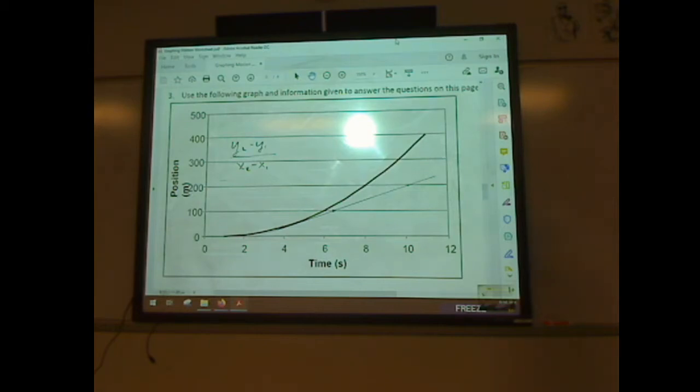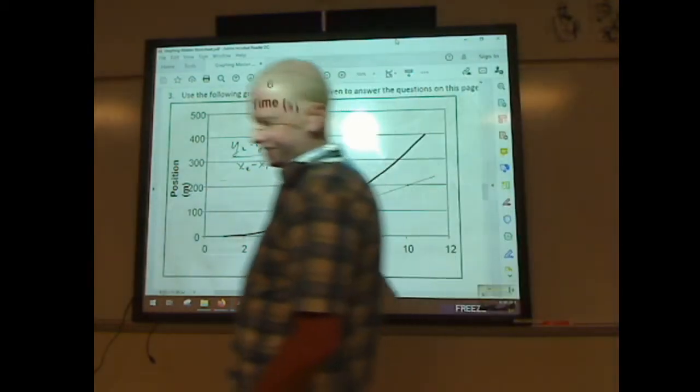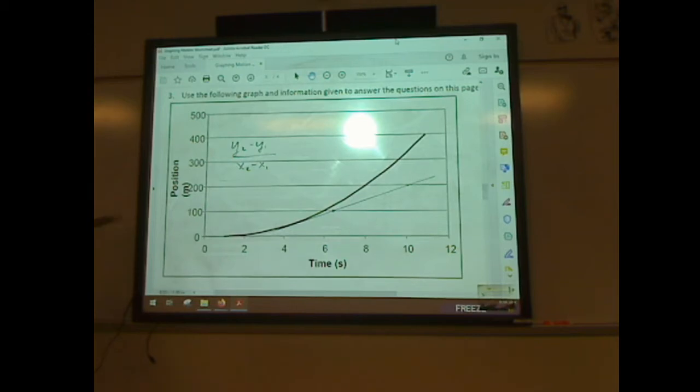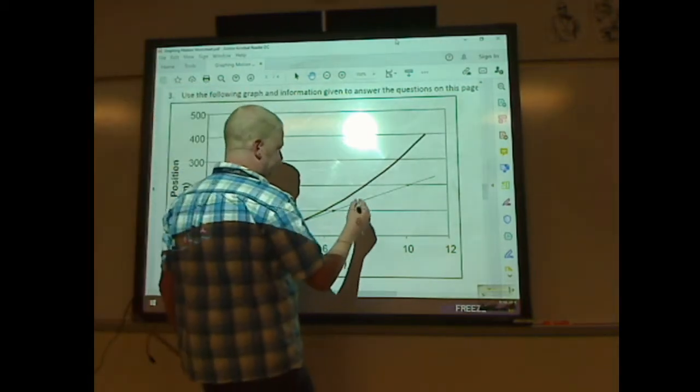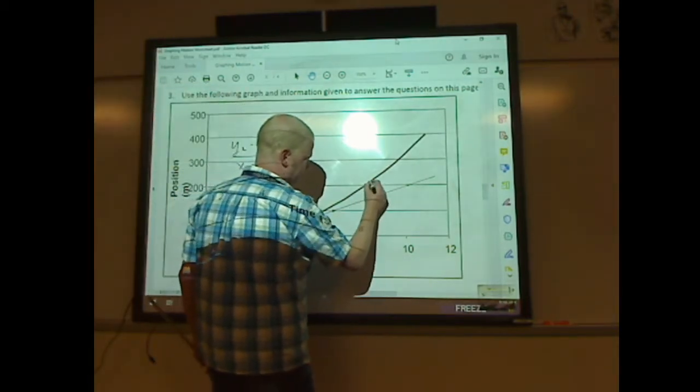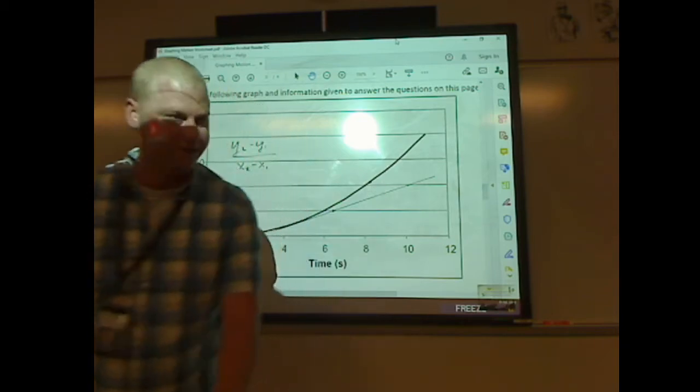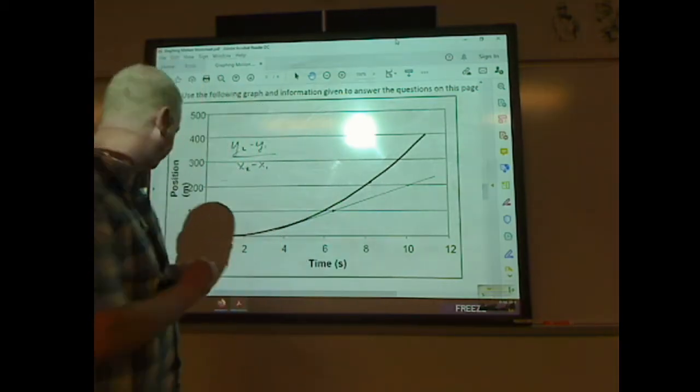Now, if we want to find the instantaneous velocity at time equals 8 seconds, so roughly there, and let me get a different color marker.